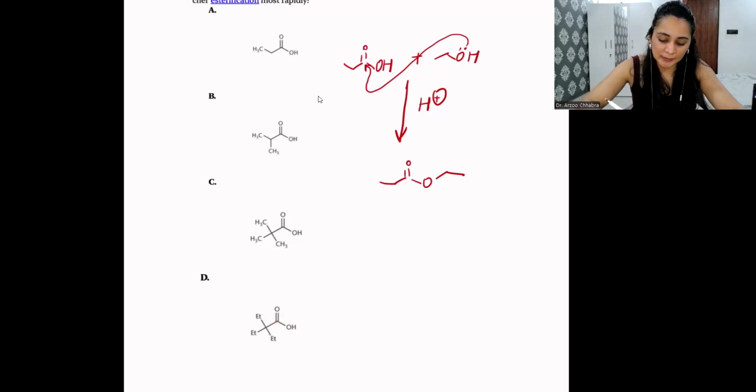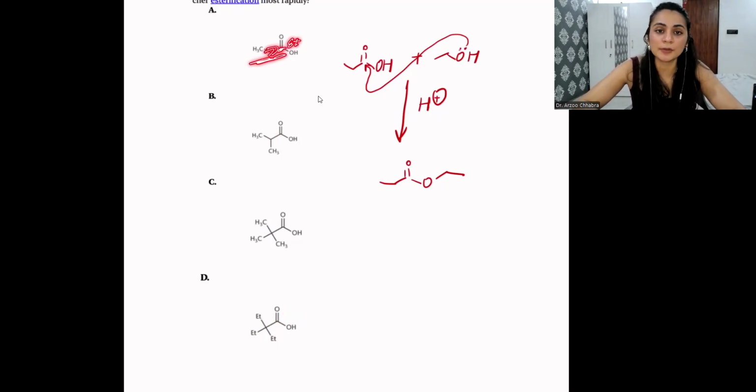So the more carbons, the more reduction in electron deficiency. Over here, there is the least number of carbons adding electrons to the electron deficient carbonyl carbon.